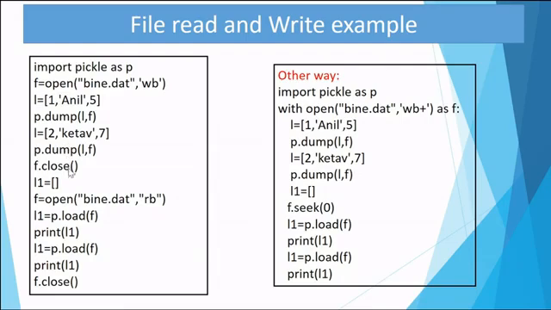After I have closed this, I created one empty list L1 and I opened the file now in read binary mode, and I used the method load. I read from the file and kept it in L1 and I printed L1. It will show me the first record. Again when I call load, it will take the second record out and show me, and then I can close it.